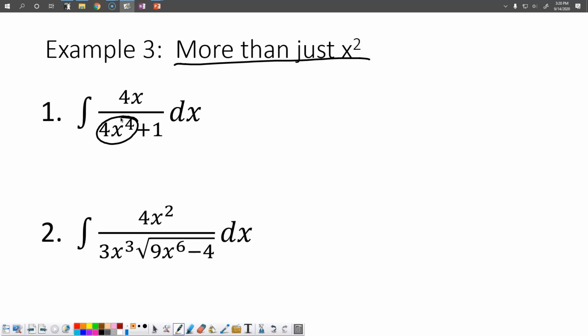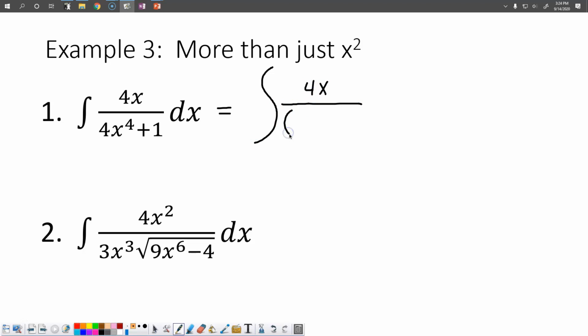What if it's like an x to the 4th? Or what if it's an x to the 6th or something like that, right? Well, I'll show you guys how to deal with that. So the trick is going to be to rewrite it as a square rather than as a 4th.